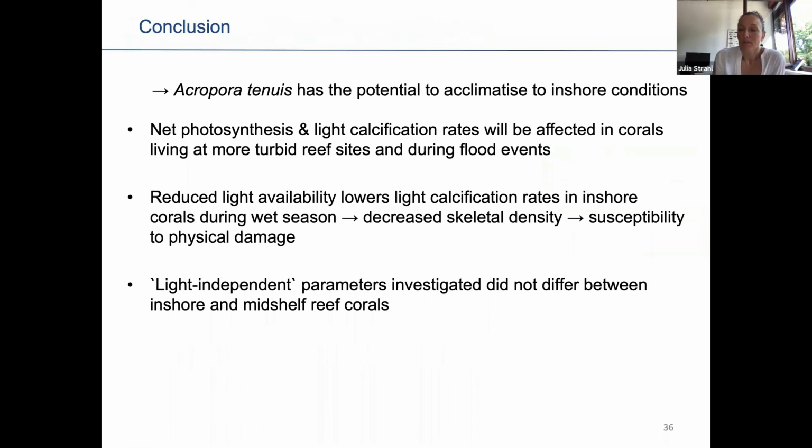Nevertheless, both net photosynthesis and light calcification will be affected in corals living at the more turbid reef site, especially during flood events. And this reduced light availability lowers light calcification, which decreases the skeletal density and which makes them more susceptible to physical damage.